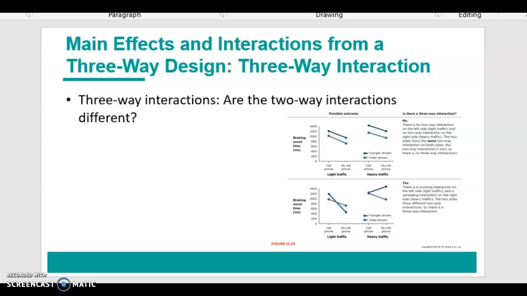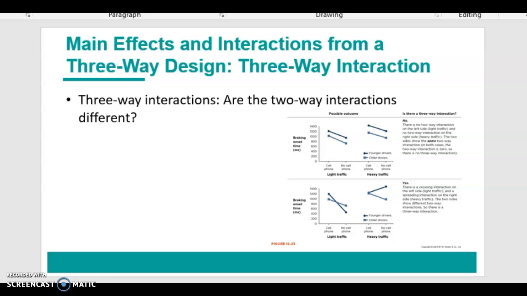Again, it is easiest to look at three-way interactions by looking at line graphs. In the top graph, there is not a three-way interaction because there's no two-way interaction on the left and no two-way interaction on the right. In the bottom graph, there is a three-way interaction because there is a crossing interaction on the left and a spreading interaction on the right.